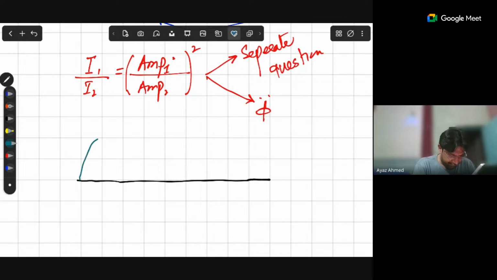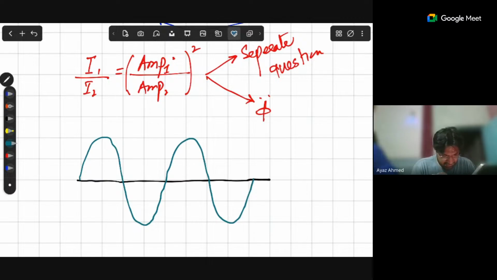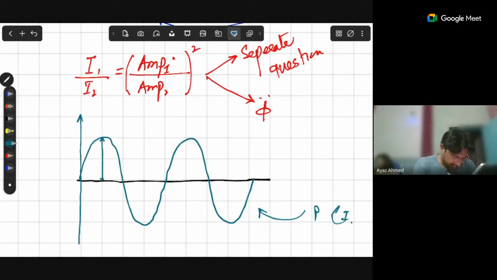Students, check properly. This is your wave, let's say wave P, and its intensity is I. Now, the amplitude of this wave is 2 centimeter.